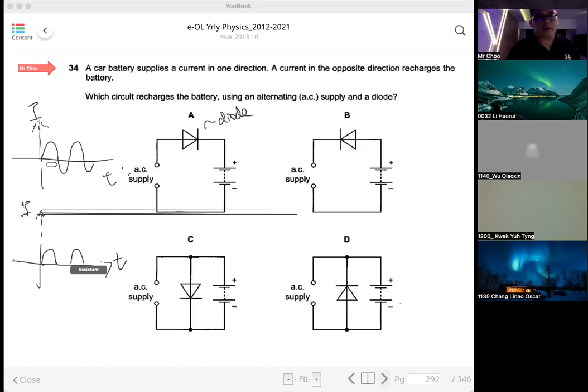Those at the bottom, no current will flow through, because you only allow the current to move in one direction. So when you put a diode in the circuit, only in one direction there will be current. The other direction will be all cancelled out, will become zero. Clear so far? So this is what happens when there is a diode.